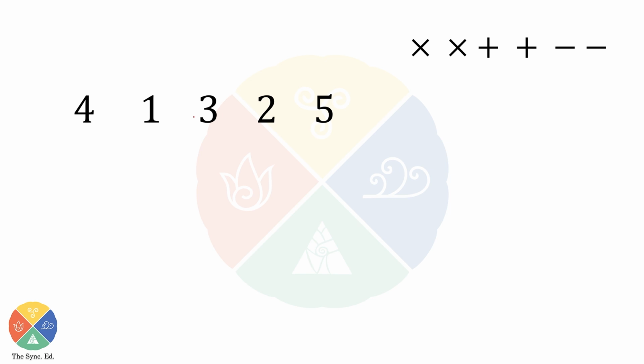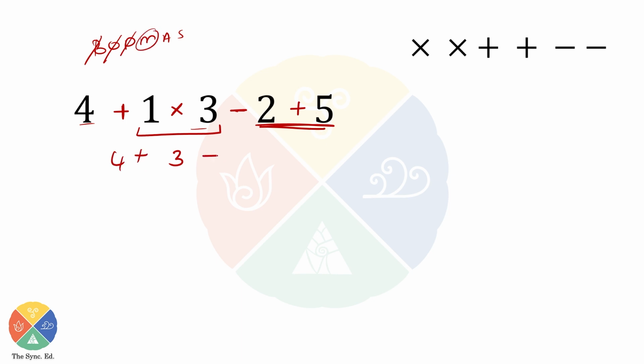Wait, I think I got the answer. Yes. 5 plus 2 is 7. This is going to be 7. 4 plus 3, that is also 7. But 1 is there. So I'm going to put it like this, and I'm going to put a negative. I think, yeah, that's the answer. 1 into 3 will give you 3 according to BODMAS. Bracket is not there, order is not there, division is not there, multiplication you did first. 4 plus 3 minus 2 plus 5.